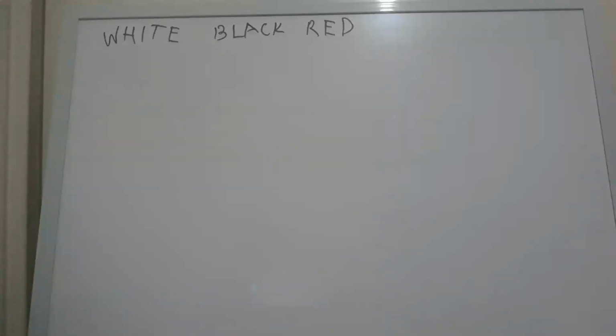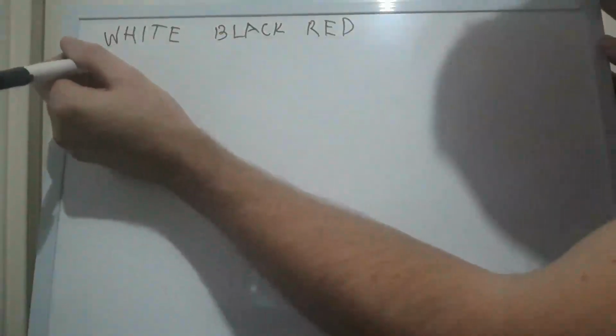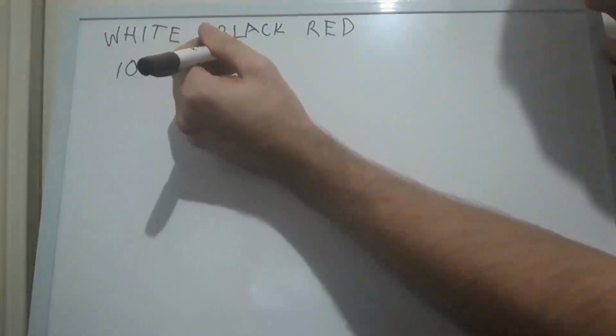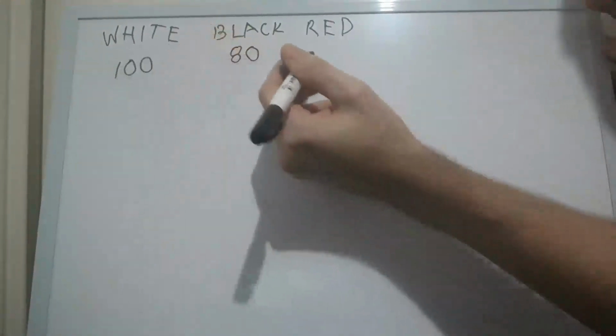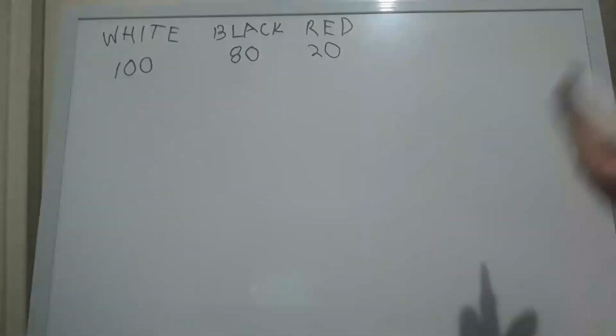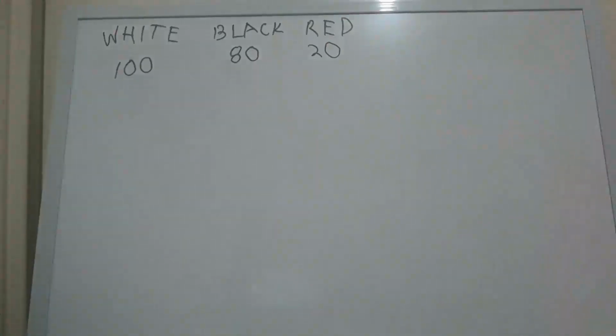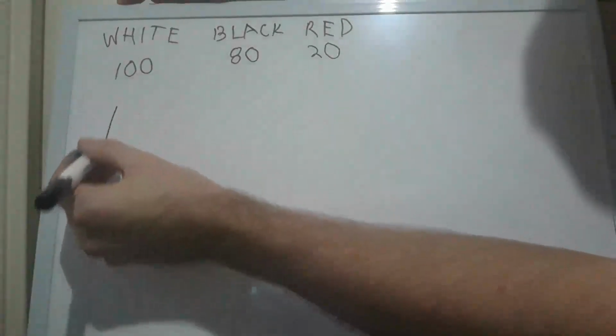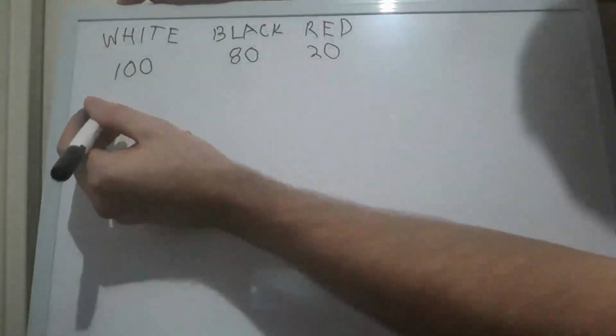So, let's suppose that in some neighborhood or a street or a block, there are maybe 100 white cars. Let's say there are maybe 80 black cars, and let's suppose that there are 20 red cars. Now, how might you represent this data? Well, I think one of the most common ways for something like this is a bar chart. So let's say you have your vertical axis here, and this will be number of cars.